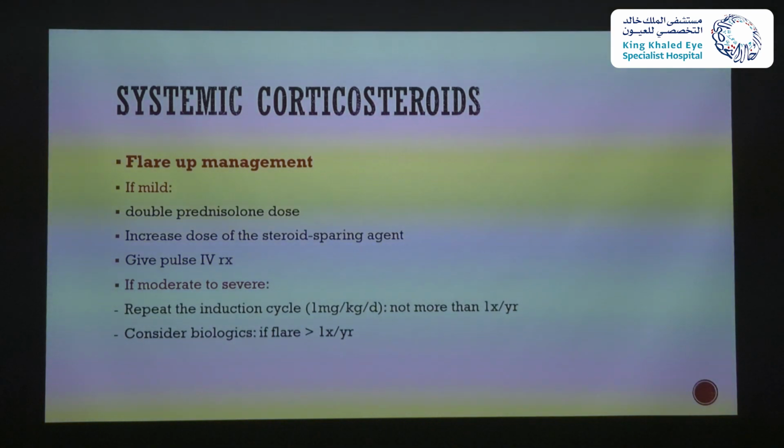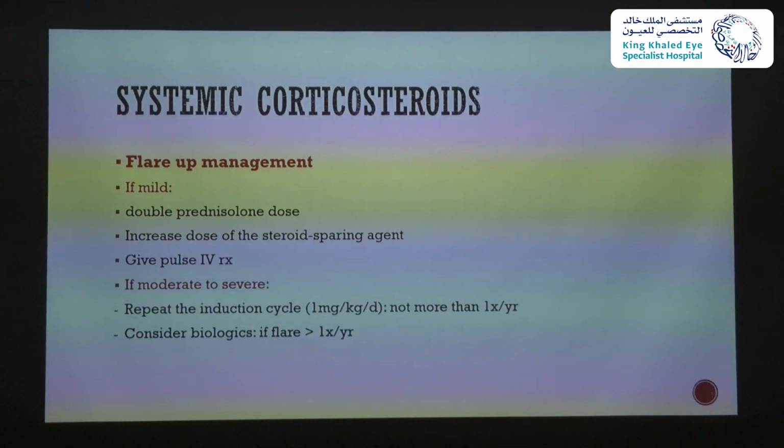What about the management of flare-ups that can occur during the treatment? If the flare-up is mild, we can just double the prednisolone dose, or we can increase the dose of the steroid-sparing agent like CellCept or cyclosporin, or we can give pulse IV treatment for 3 or 5 days.